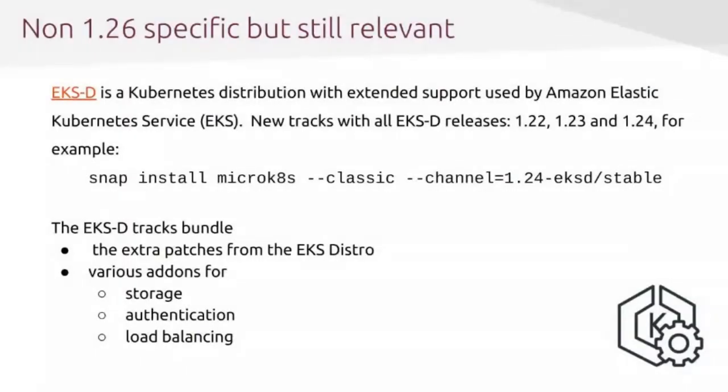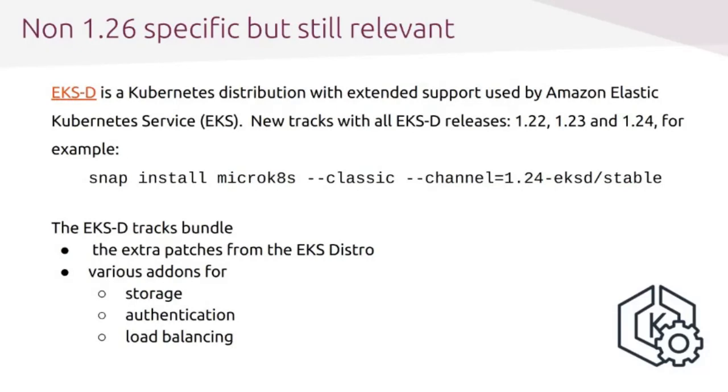Then, in one of our last presentations, we discussed EKS-D. During the 1.26 release cycle, we introduced a number of new tracks that host the EKS-D releases for Kubernetes 1.22, 1.23, and 1.24.